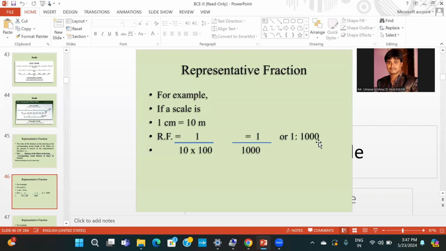So 1 is to 1000 is the representative fraction. I hope you understand the difference between scale and representative fraction. Scale is the distance placed on the paper which represents the distance on the ground. The representative fraction should be in the same units.